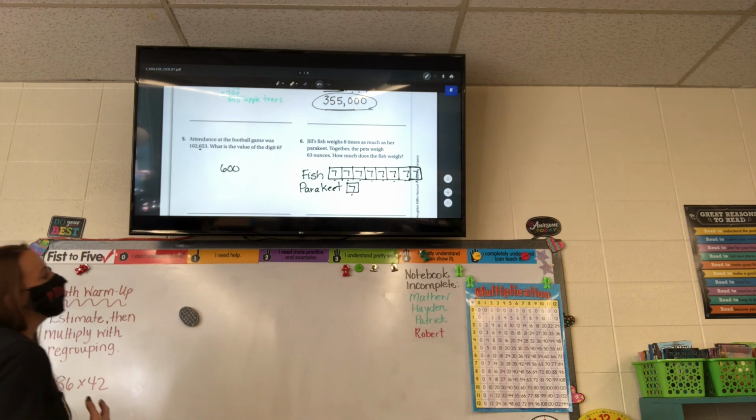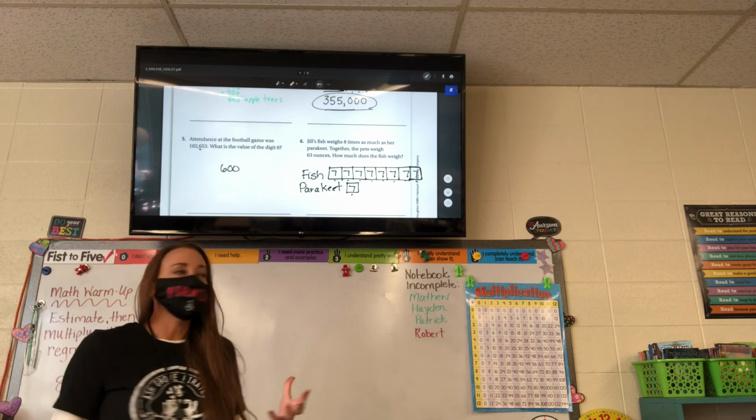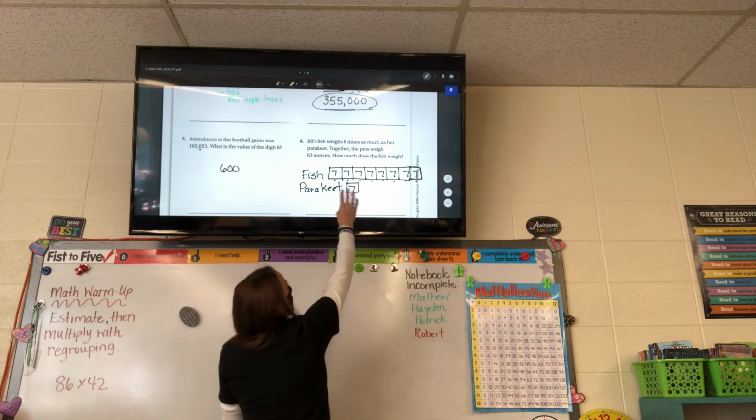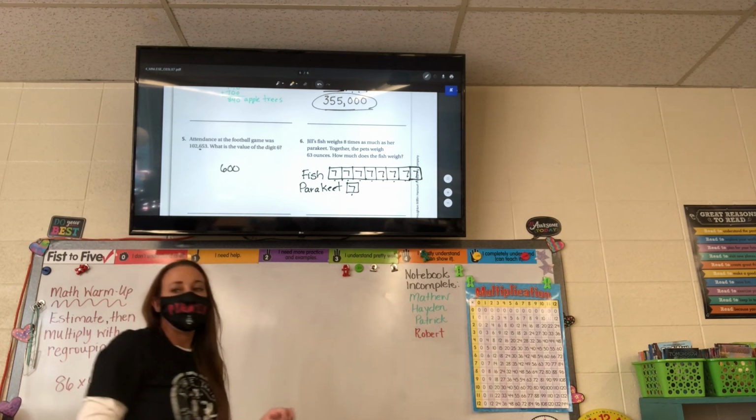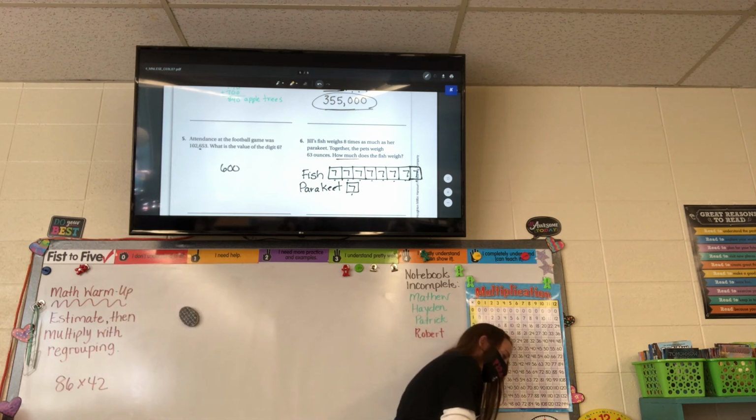Okay, so we have 63 total up there. 7 to the parakeet, the rest to the fish. So the question is, how much does the fish weigh? 7 times 1, 2, 3, 4, 5, 6, 7, 8. Fish weighs how much?